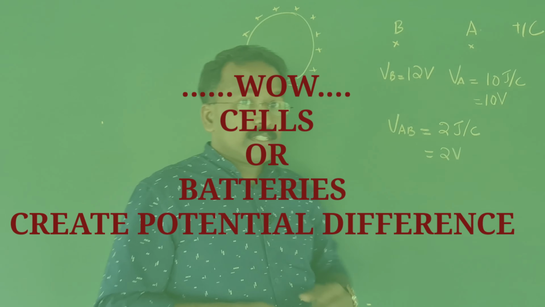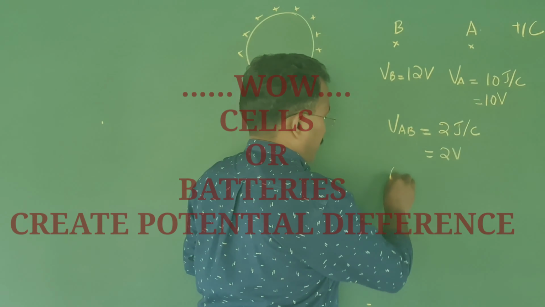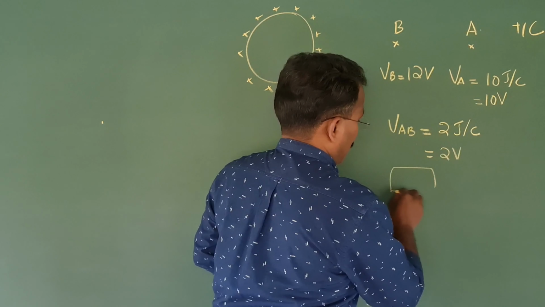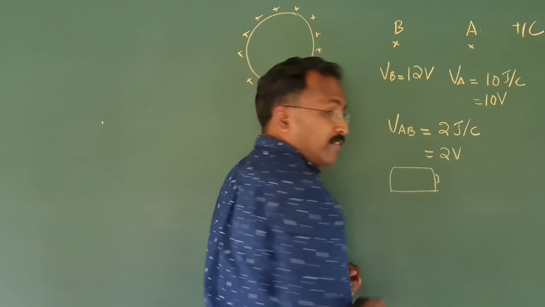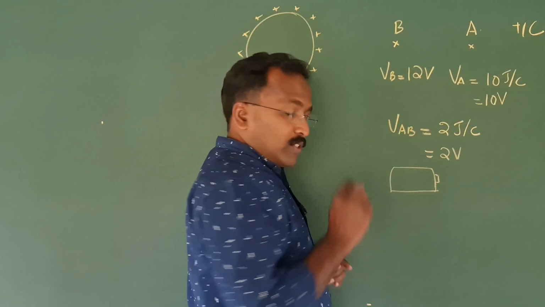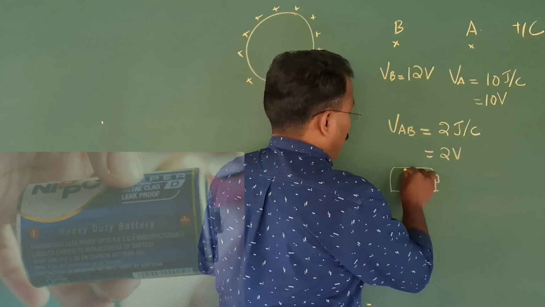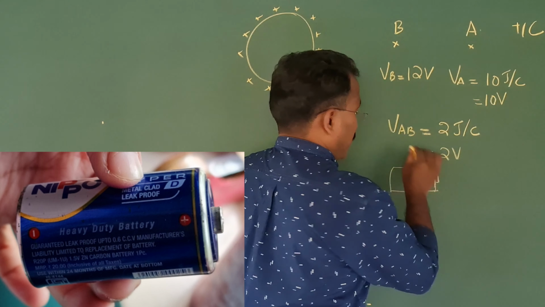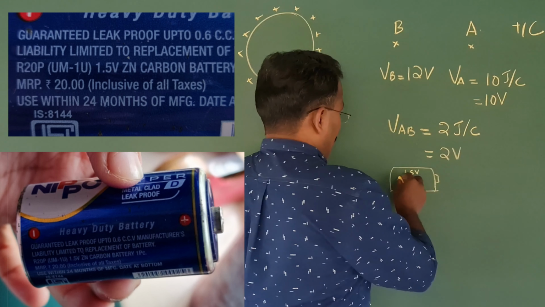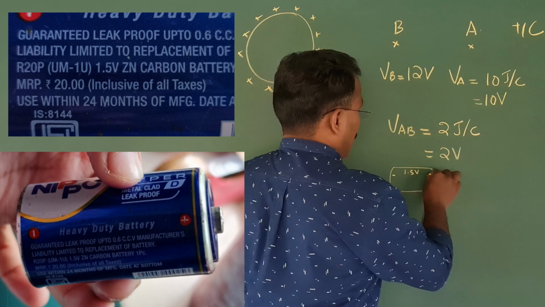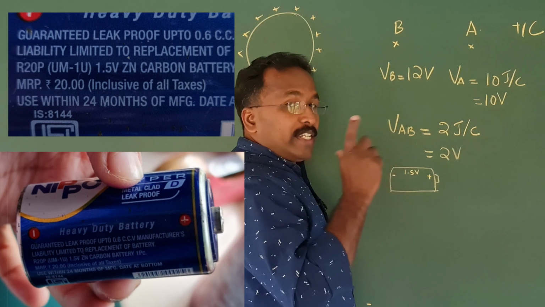In your chemistry classes, you will see a battery. The battery we use in the torch. You will see 1.5 volt written there. You will see a negative sign here and a positive sign here. What is that?